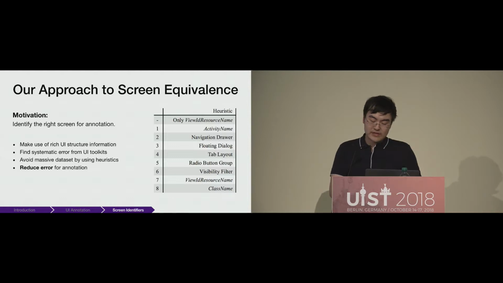UI toolkits create systematic errors of screen equivalence. You will see how we identify and reduce these errors in our evaluation later. Also, we use heuristics instead of a statistical method, which doesn't require a massive dataset. And our error rate is reduced for the annotation purpose.